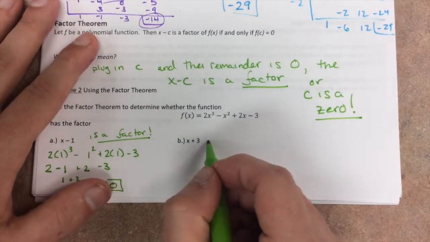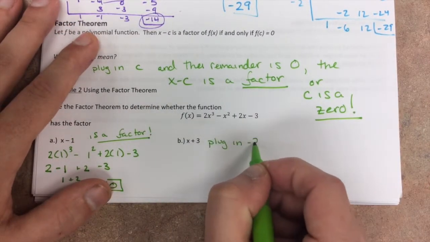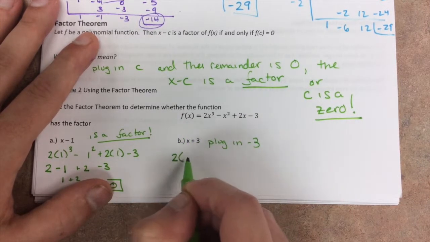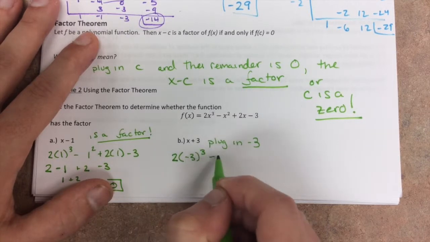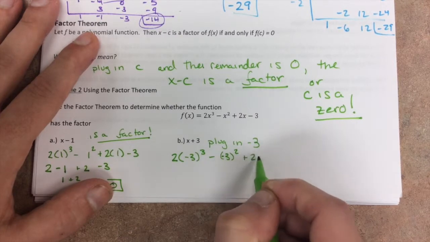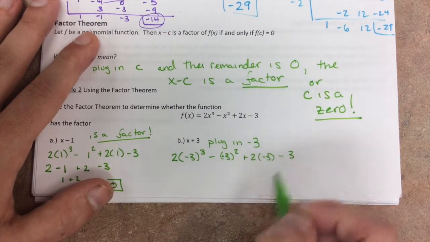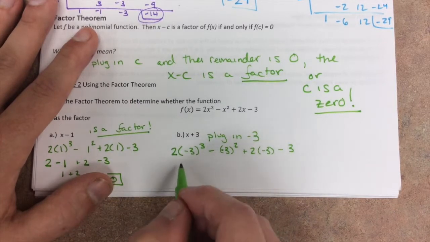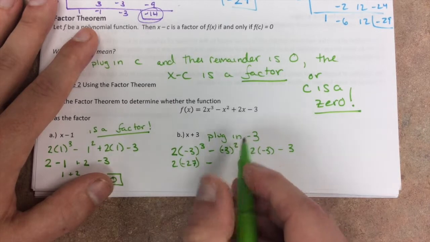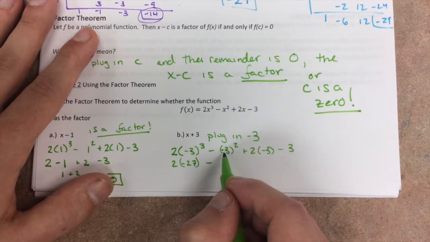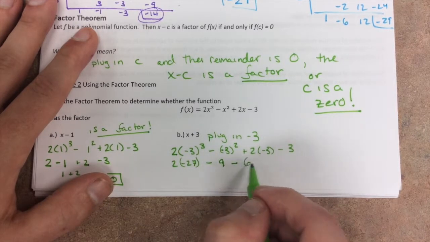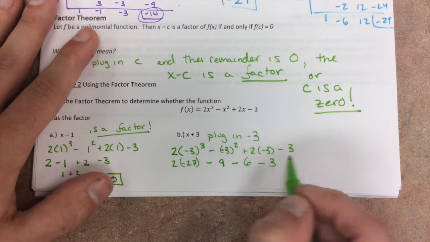So let's try b. If I plug in negative 3, because we do the opposite sign, we get 2 times negative 3 cubed minus negative 3 squared plus 2 times negative 3 minus 3. So this cubed gives us negative 27 times 2, minus 9, minus 6, minus 3.